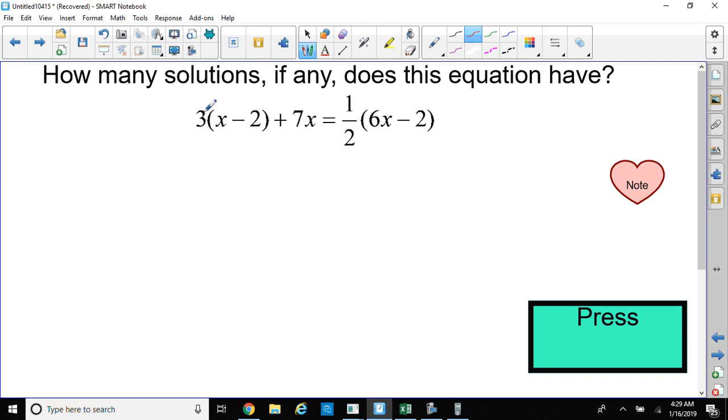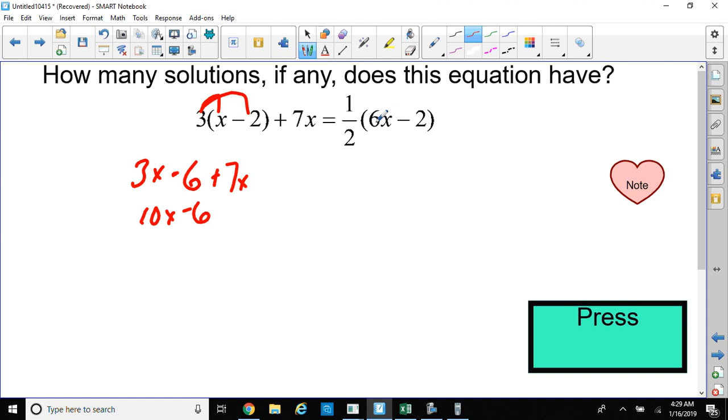So 3 times x is 3x. 3 times minus 2 is minus 6. And I have a plus 7x on this side. I can combine the 3x and the 7x. That'll give me a total of 10x minus 6. So this side is really 10x minus 6.